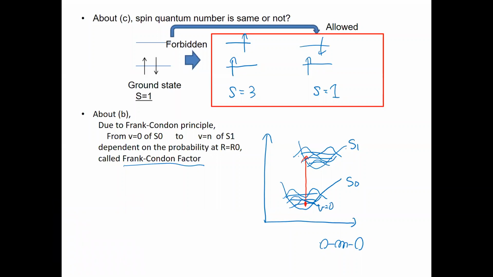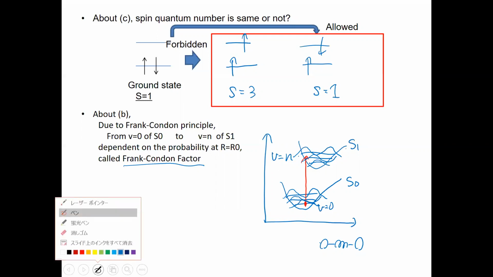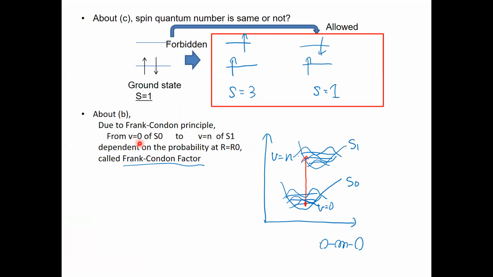But because of the Franck-Condon principle, it goes up to v equals n, meaning not 0. So not only the electronic states overlap, but also the vibrational wave functions must overlap in the transition, meaning from v equals 0 of the ground state to v equals n of the S1 state.